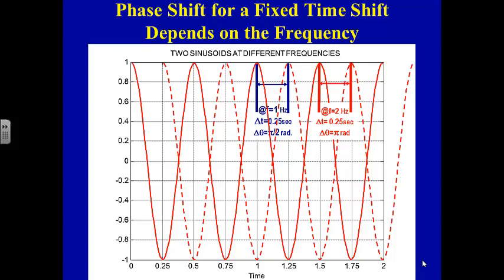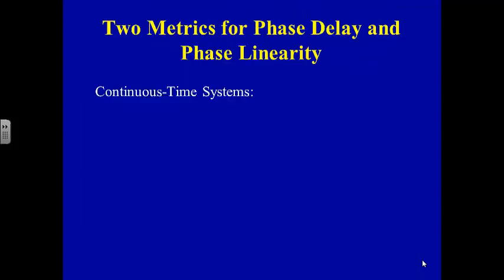If you've struggled with phase, always think of phase as fractions of a period. That's all it is. Right? So if I have a higher frequency, my periods are half as long, so the same time shift is twice as much phase. That kind of makes sense. So there is naturally this linear relationship between frequency, time, and phase.